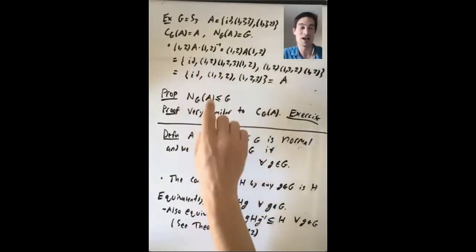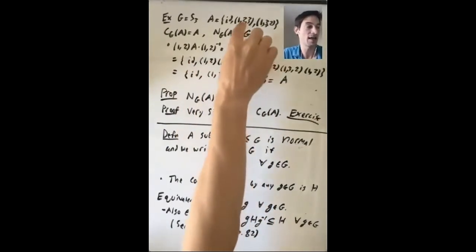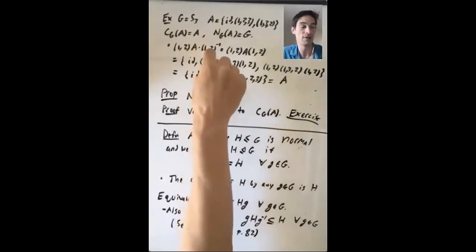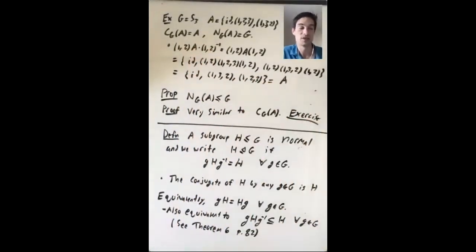This conjugation operation has switched the last two elements of the set A, but as a set, it's still true that (1 2) A (1 2) inverse is the same as A. So (1 2) is in the normalizer. Same thing is true for any of the other two transpositions.